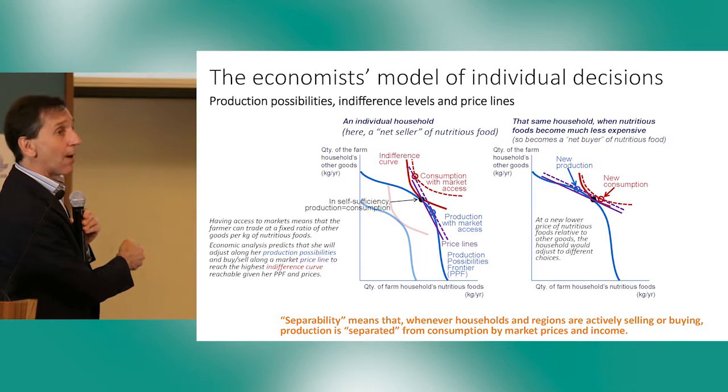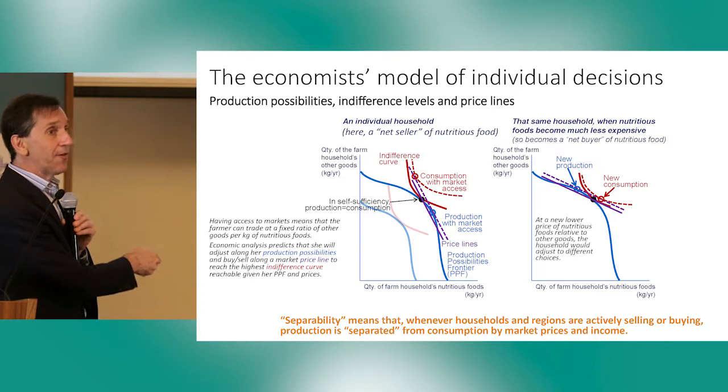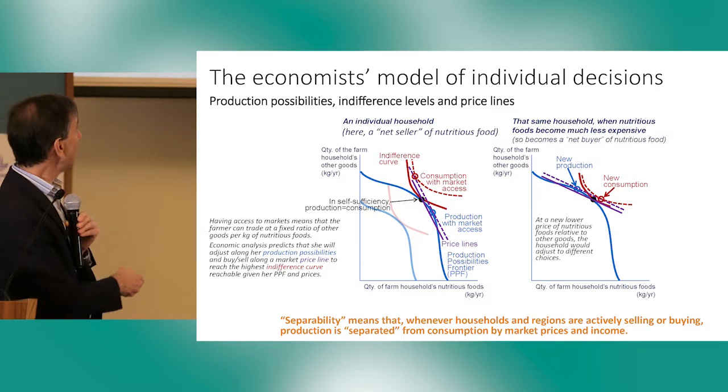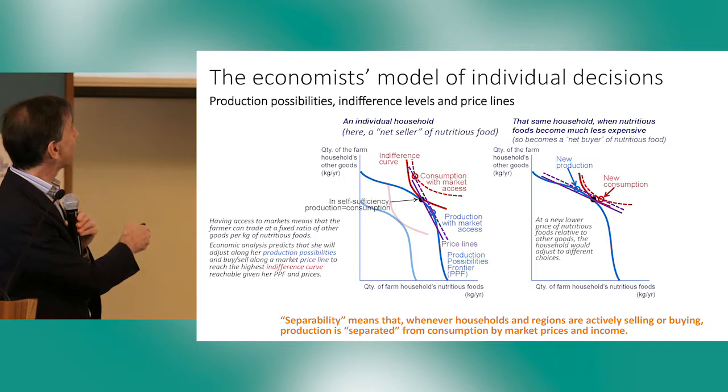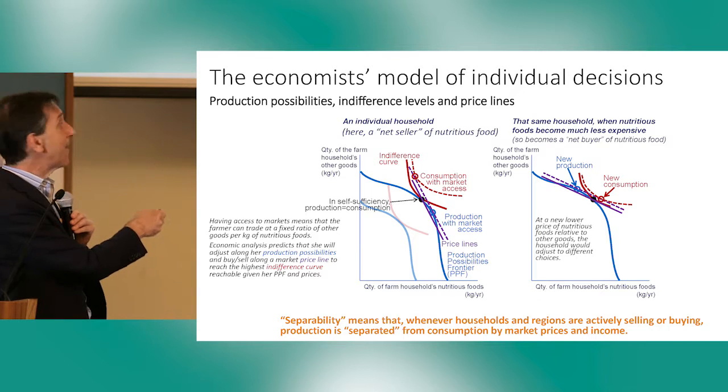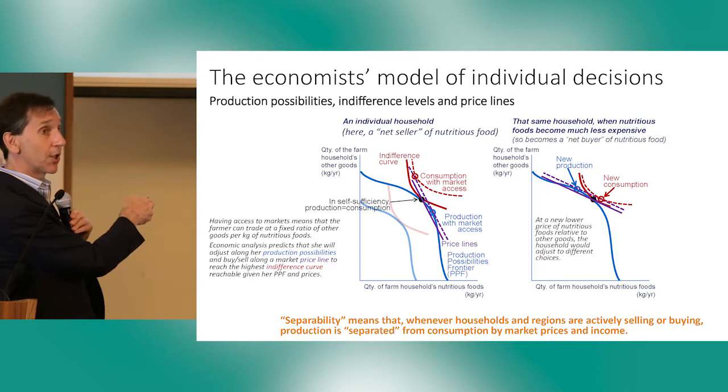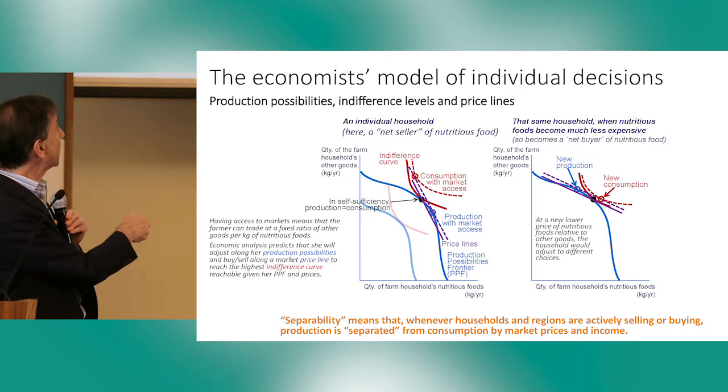If circumstances get worse, this would be their production possibility frontier, so they'd have to choose along that. So something to do with preferences would lead people to choose along here, and we draw preferences as a curved shape here, and there would be an infinite number of these preference curves. The name of these curves is an indifference curve, so that if circumstances are worse, their indifference curve would be back here at a worse level.